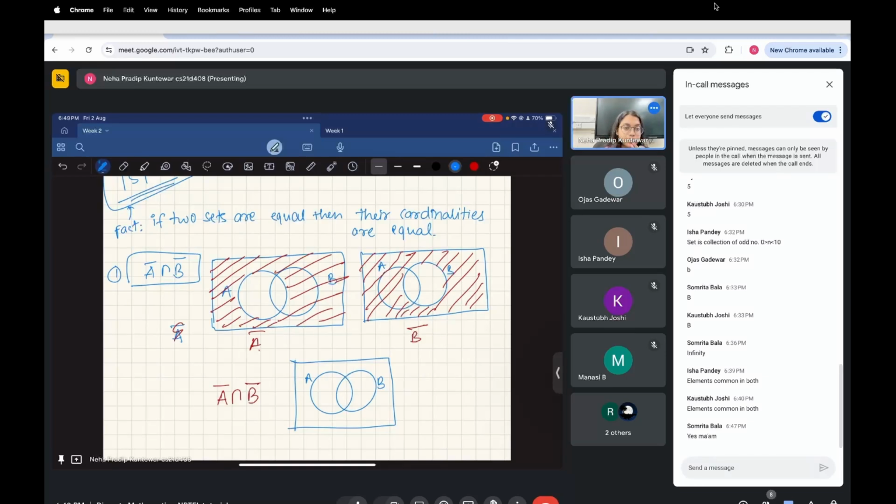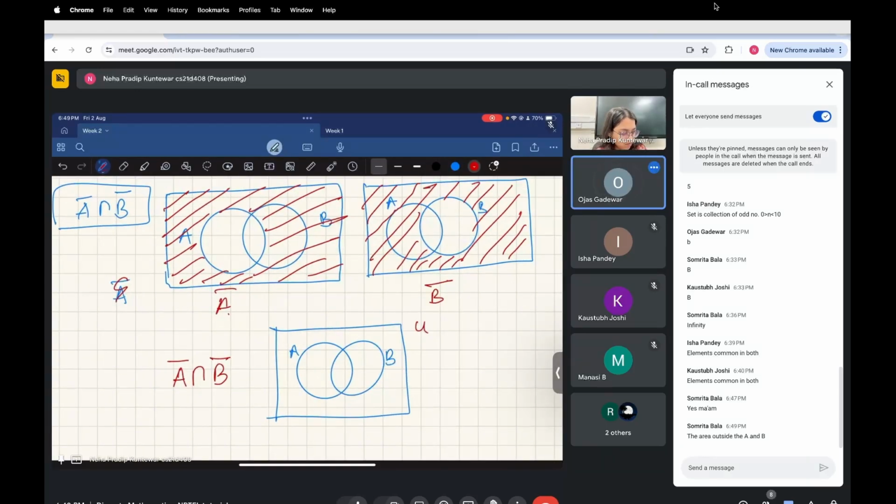Ma'am, the elements that are common in A bar intersection B bar are the universal set minus A set minus A intersection B, and the universal set minus B set minus A intersection B. Yeah, that is correct.